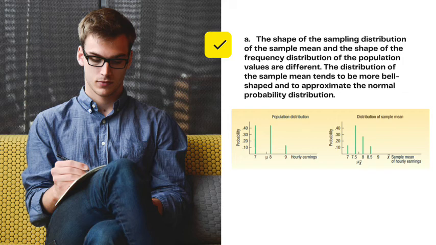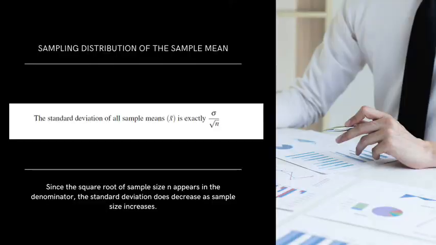probability distribution. If repeated random samples of a given size n are taken from a population of values for a quantitative variable, where the population mean is mu and the population standard deviation is sigma, then the mean of all sample means x bars is the population mean mu.